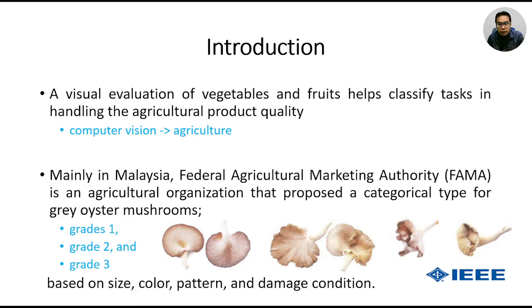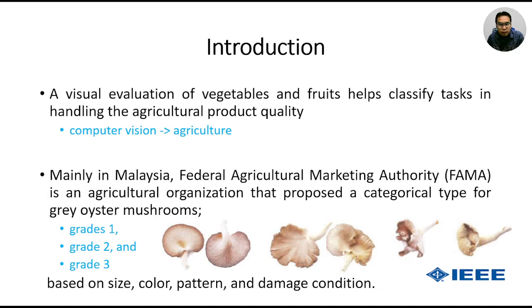Towards that, since the evolution of Industrial Revolution 4.0, the involvement of computer vision comes into the agricultural sector. In our country, Malaysia, there is an authority organization called the Federal Agricultural Marketing Authority, what we call FAMA.